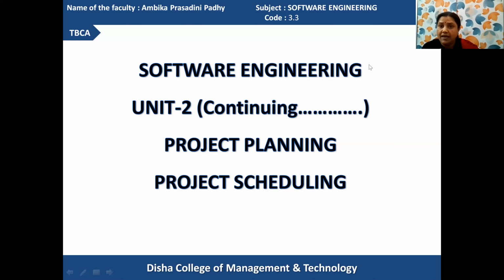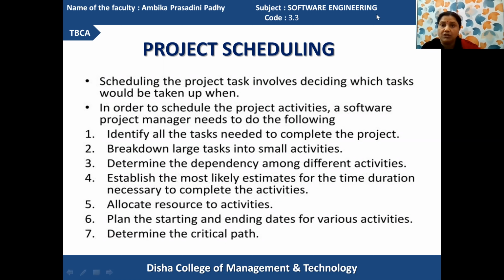In project scheduling, we have different major activities to perform. We divide the whole project into a number of submodules, and each submodule is again divided into sub-submodules, and according to the submodule information, the development activity will start.